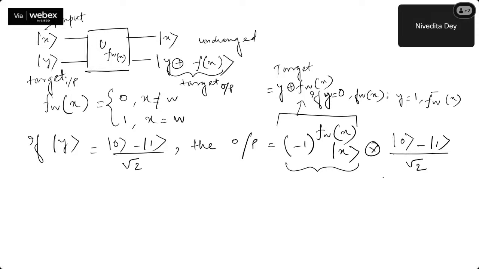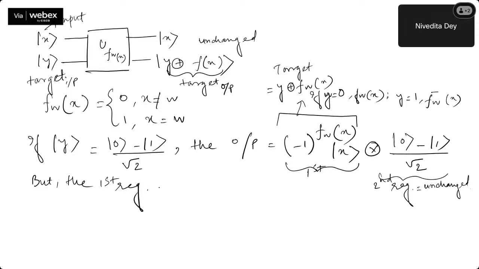Okay, and if you just see, the second register is unchanged, or unaltered. But the first register has a phase depending on my f_w of x.